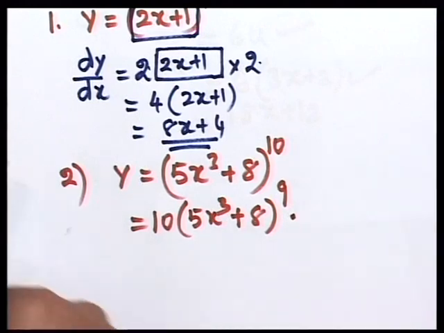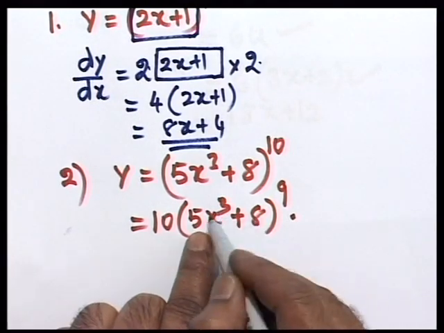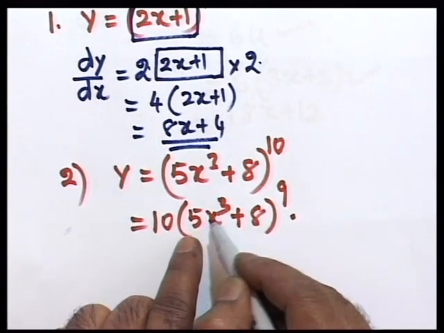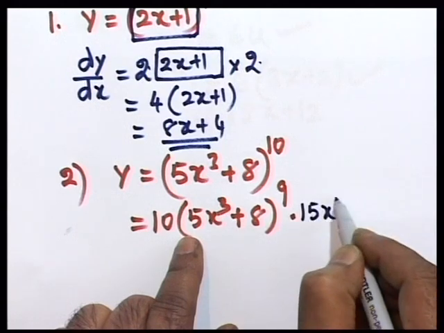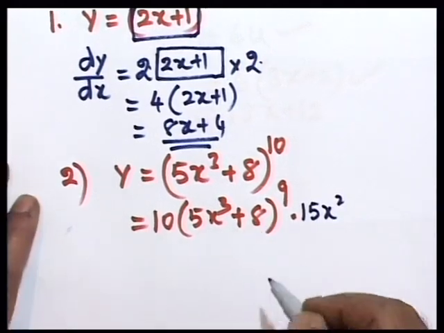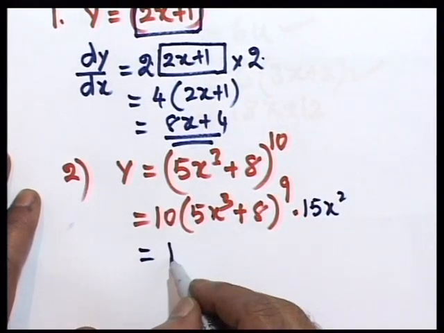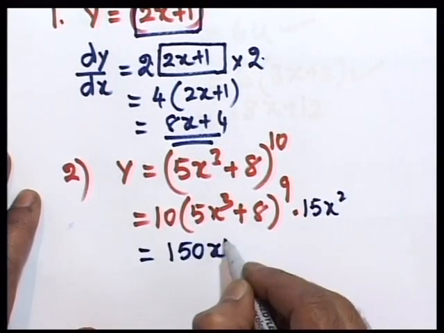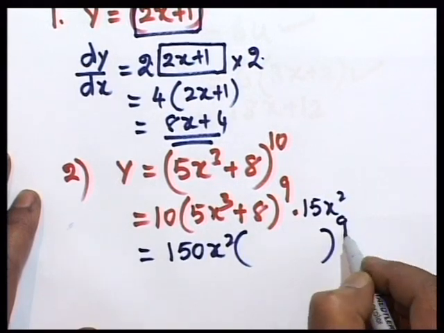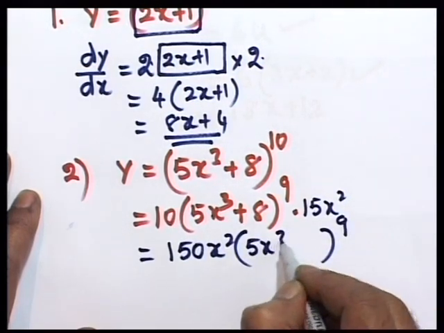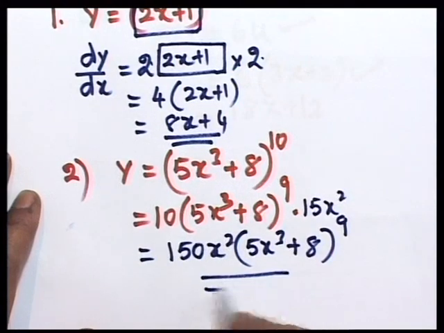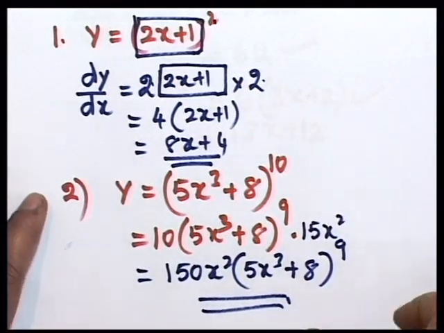Then we multiply by differentiation of the bracket, which is 15x squared, and that is 0. So finally we simplify those two terms, 15 times 10, 150x squared, and bracket to the power 9. That's how it works. Okay, so that's the shortcut for the chain rule.